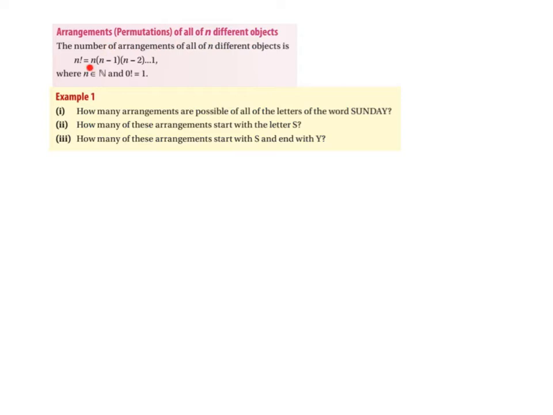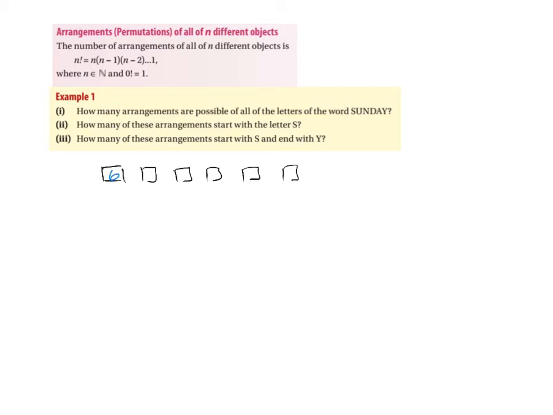I've just explained this on the other slide, that for example 3 factorial was 3 times 2 times 1, etc. Now we have: how many arrangements are possible of all the letters of the word Sunday? Again, I write out 6 letters, so there are 6 of them, and I have 6 possible letters for my first box.